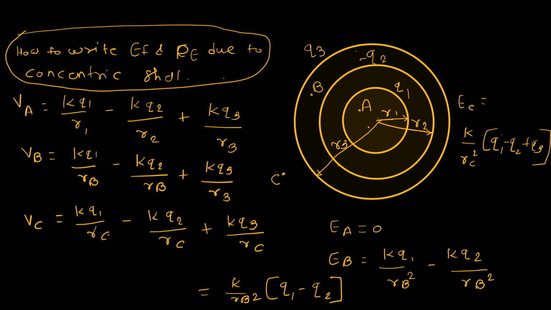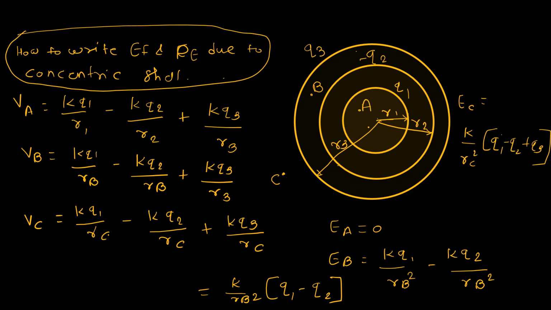Now for point B: point B is an outer point for sphere 1 and sphere 2, and for sphere 3, B is an inner point. Because of the charge q1, the potential at point B we can write as kq1 upon distance rb, where rb is the distance from the origin up to point B. That means you can draw a concentric shell passing through point B with radius rb.